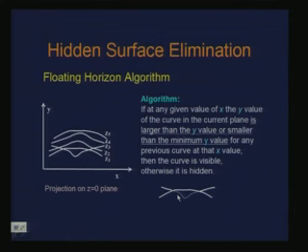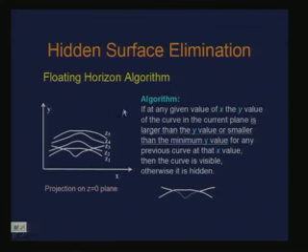So, in this situation, if this point is to be considered, then you would find this is smaller than the minimum y value, and therefore, you would display it. Then the curve is visible, and therefore, you display it.